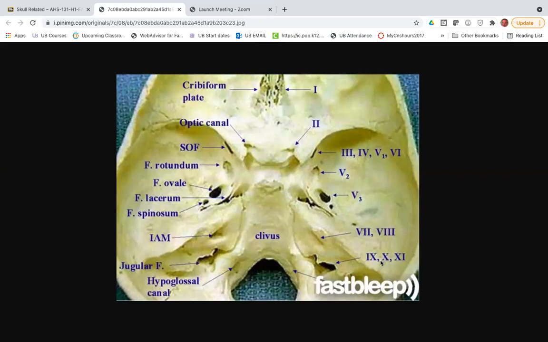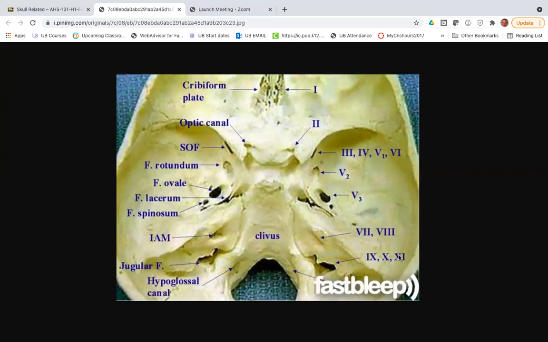Cranial nerve 10, super important. The vagal nerve really controls about 80 to 90% of the parasympathetics. It goes to the heart, it goes to the lungs, it goes to the stomach, it goes to your digestive organs, it goes to just about all of your viscera. It controls your blood pressure, it controls your breathing. It's everything, digestion, heart rate. Cranial nerve 10 is tremendously important.